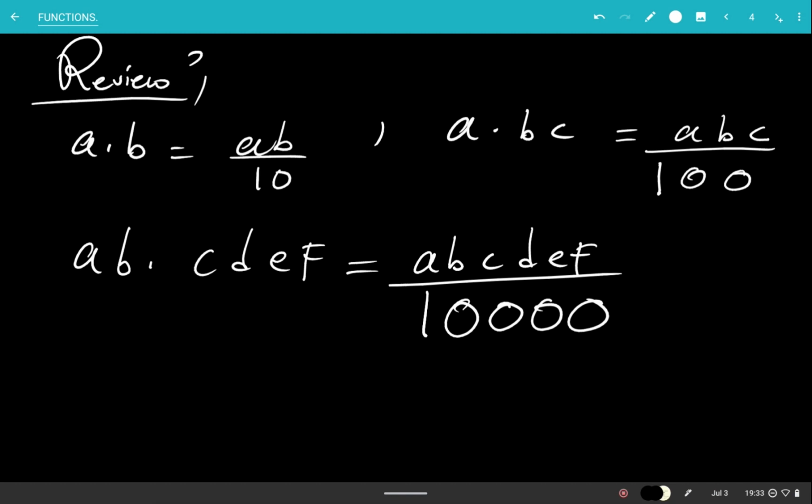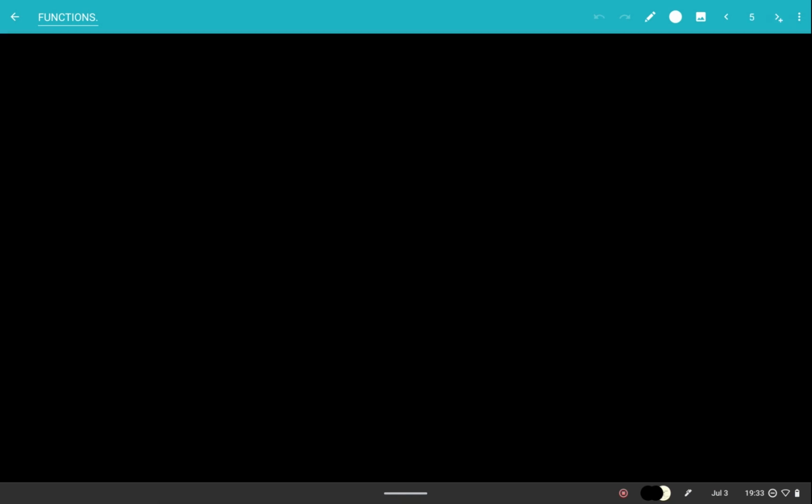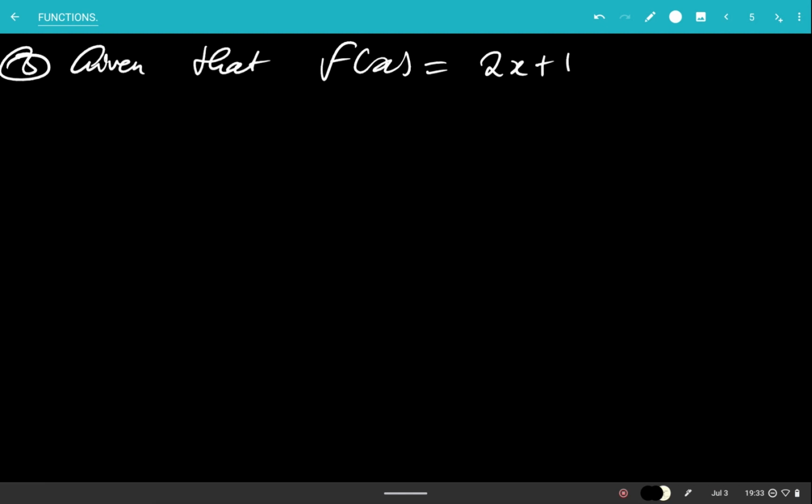Now, let's say we have another example. Example 3, given that f of x, I'll use the same functions I was using, is equal to 2x plus 1. Then we're being asked, let's say, to find f at 2.4.